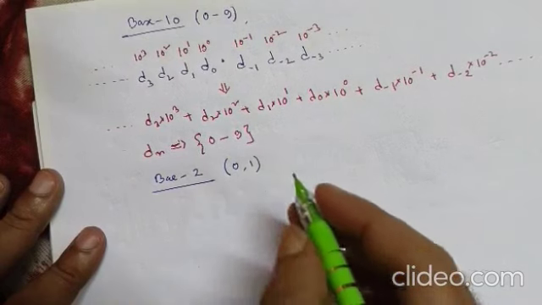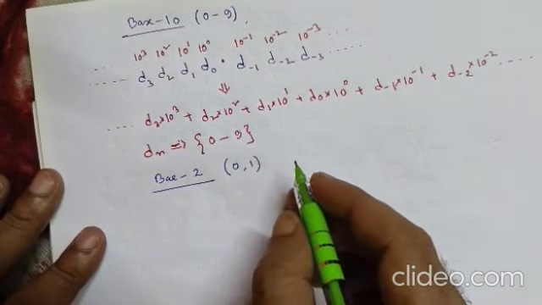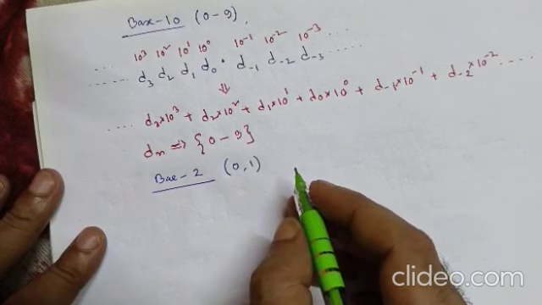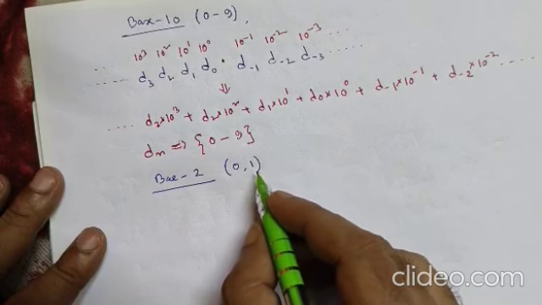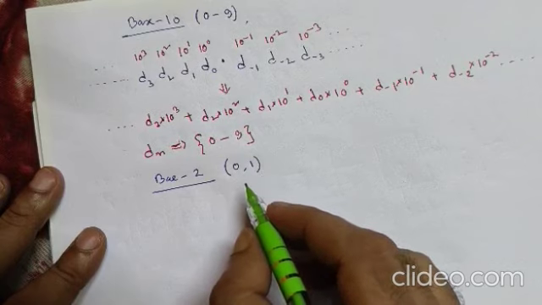Base 2 system is used in practical digital circuits because the solid state device has two stable states, either on or off. So the on state can be defined by 1, and the off state can be defined by 0.